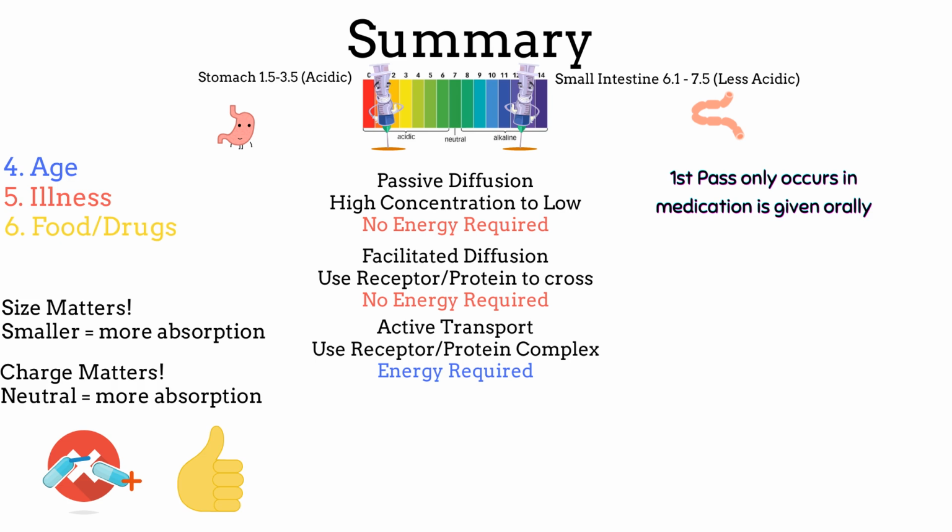Eventually, they make their way to the liver, where they can be metabolized or changed by certain enzymes, specifically cytochrome P450 enzymes, which usually make the molecule more hydrophilic and more water soluble so that it can facilitate excretion of the drug. This then impacts the bioavailability of a drug.